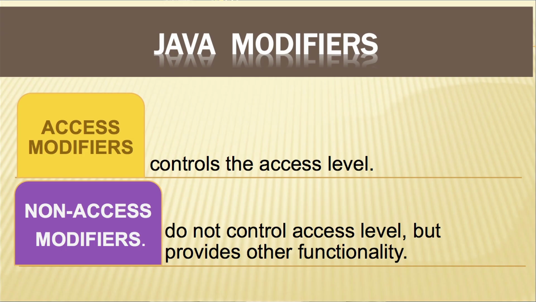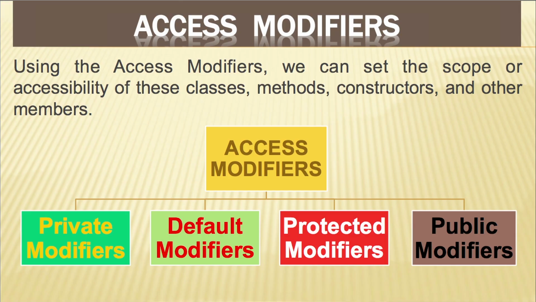You can see by this slide that there are four types of access modifier: private modifier, default modifier, protected modifier, and the fourth one is the public modifier. So these are the four different categories of access modifier.